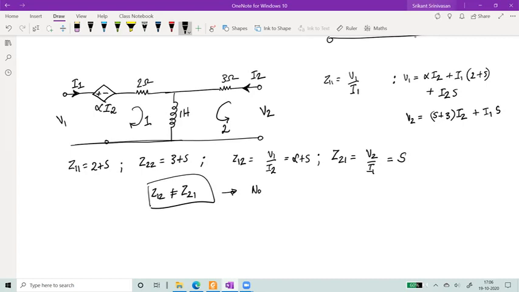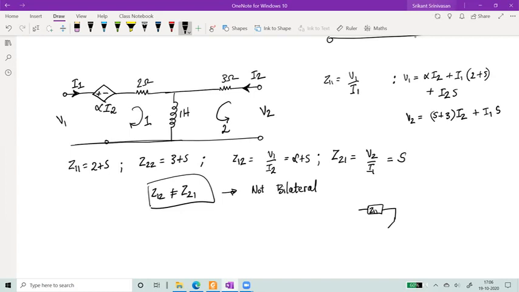So this is not bilateral. And then you can always represent this kind of impedance network with the standard formulation. That is, you can say that V1 is Z11 into I1 plus Z12 I2.